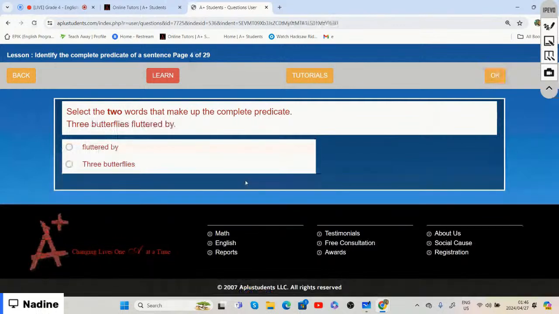All right, let's do the last one. It says three butterflies fluttered by. We need to select the two words that make up the complete predicate. What did the three butterflies do?